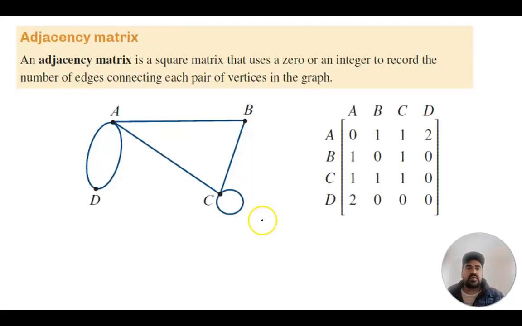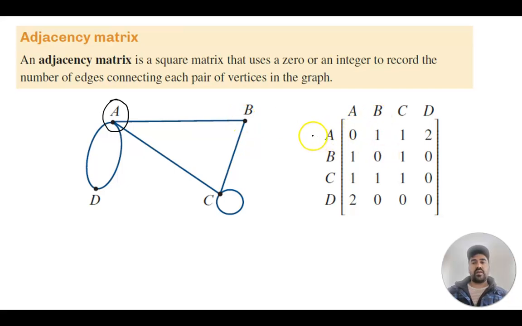Now an adjacency matrix is a square matrix. It's always going to be a square matrix that uses a 0 or an integer, 1 or above, to record the number of edges connecting each pair of vertices in the graph. When we look at each one individually, let's just focus on A. A shows a connection to B one time.